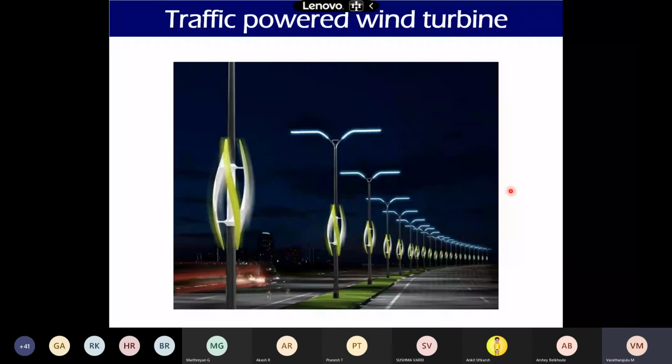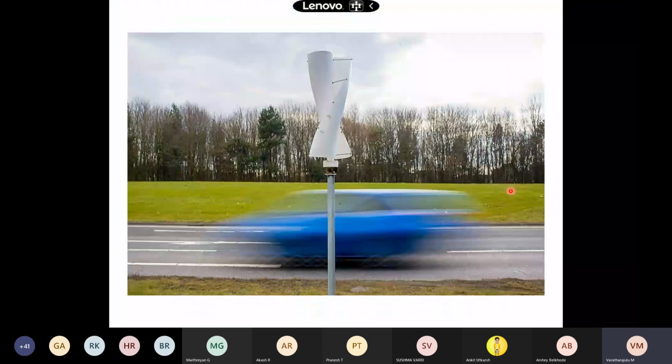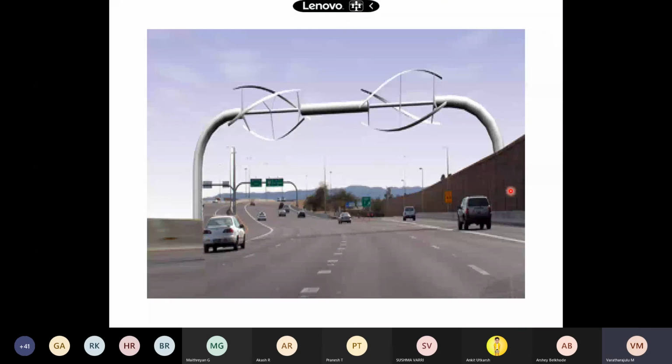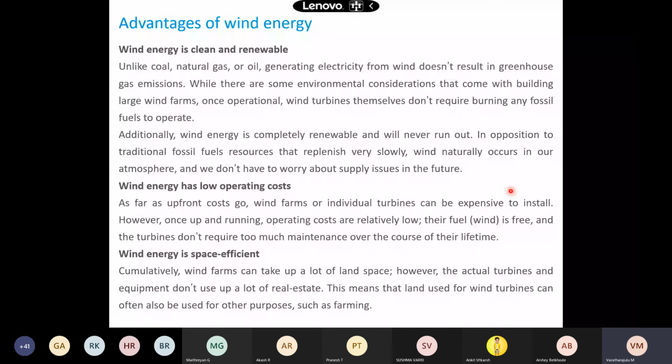Okay, we'll discuss the various advantages and disadvantages of the wind turbine. Concerning the advantages, wind energy is a renewable source of energy. It is free and inexhaustible, and it does not take a long time to construct. The power requirement for irrigation, lighting, and small industrial units can be fulfilled with the use of wind energy.